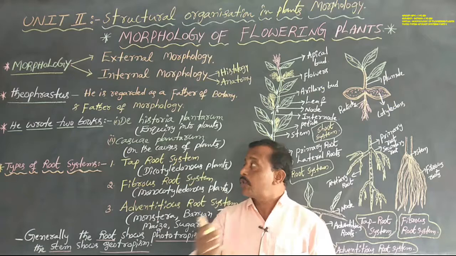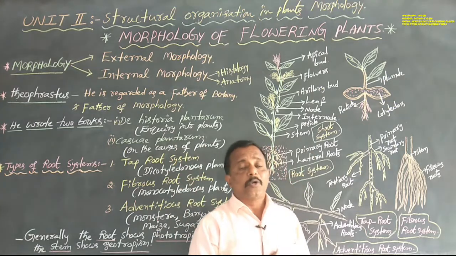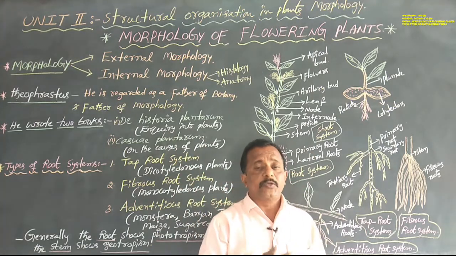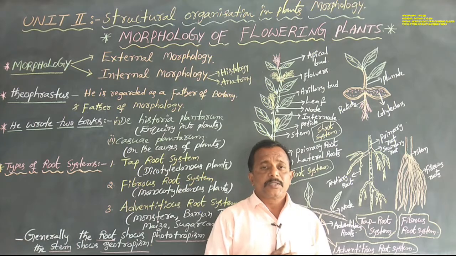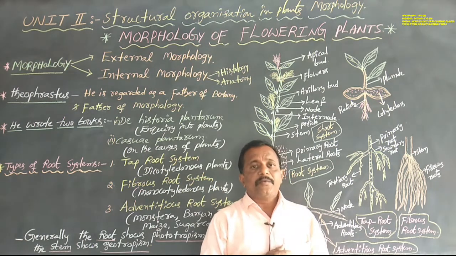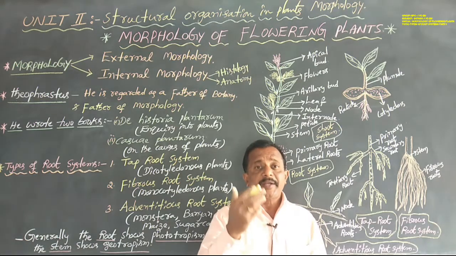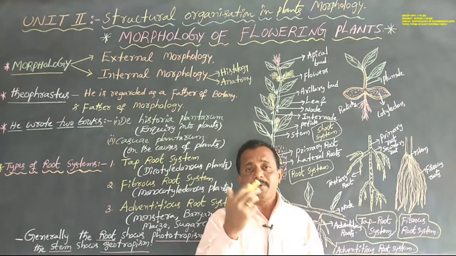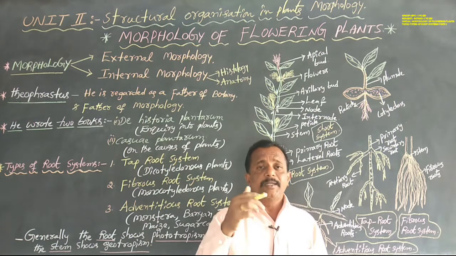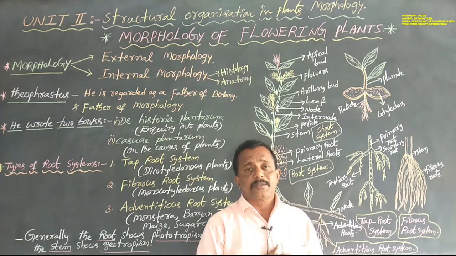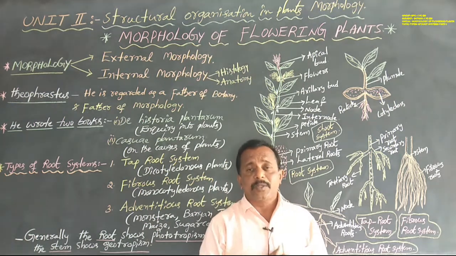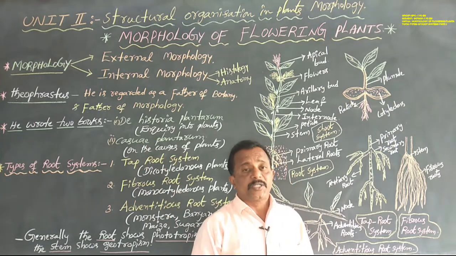So nearly 500 kinds of plants were observed.